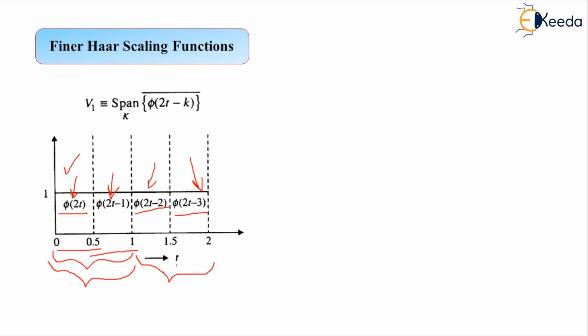This new basis set in general will be of the type phi of 2t plus 1, phi of 2t, phi of 2t minus 1, phi of 2t minus 2, and so on. The general representation is phi of 2t minus k.